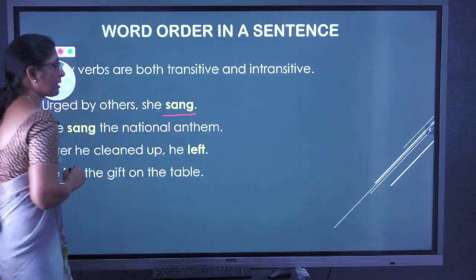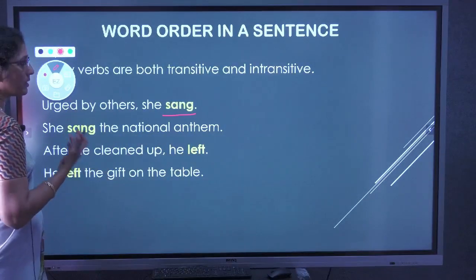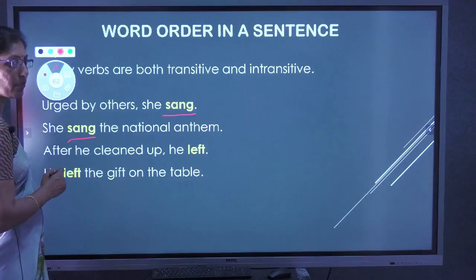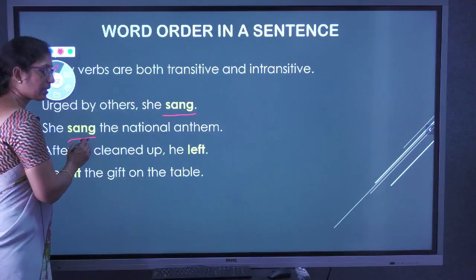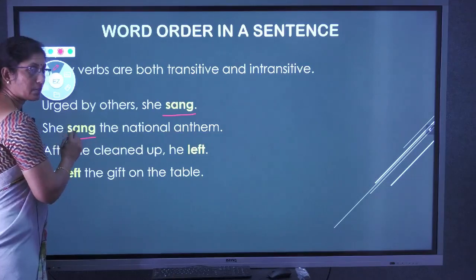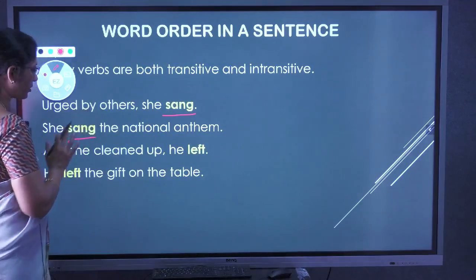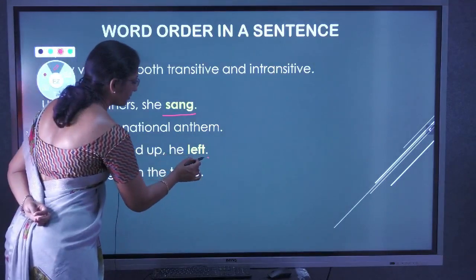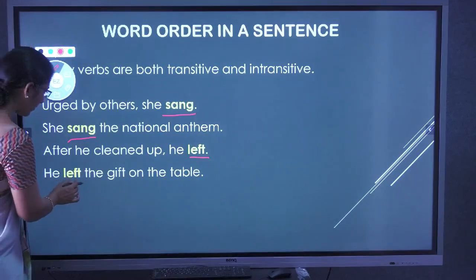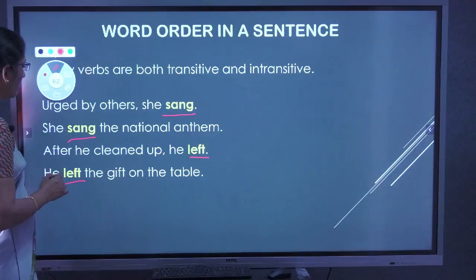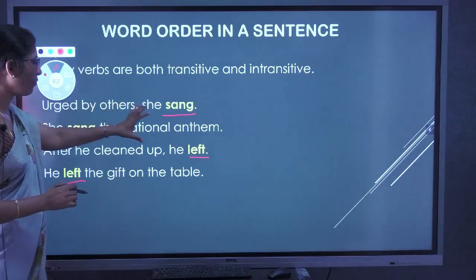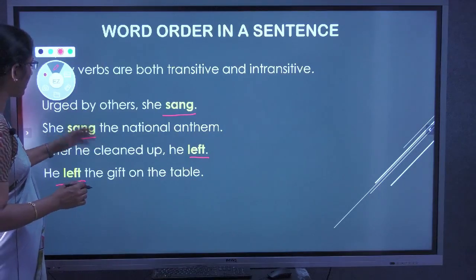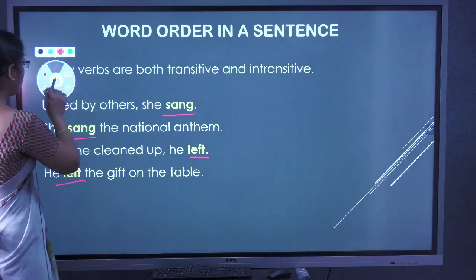In this case, it is an intransitive verb. It doesn't require any object. But see this one. She sang the national anthem. Here, this verb is acting as a transitive word because it is forwarding some action. Next, after he cleaned up, he left. Take another sentence. He left the gift on the table. You might have understood how a word can be used in transitive form and intransitive form. Okay, right.